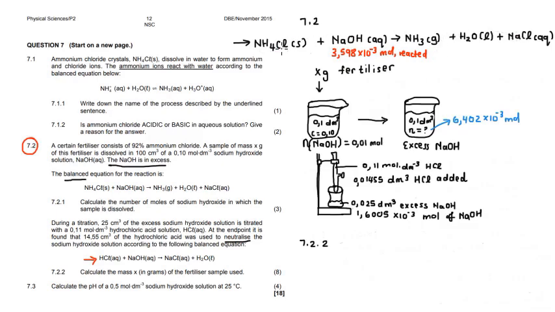So now using the same logic of the stoichiometric ratios, because there is a 1-to-1 ratio between the ammonium chloride crystals and the sodium hydroxide, we can say that therefore 3.598 times 10 to the minus 3 moles of ammonium chloride were present in the sample.